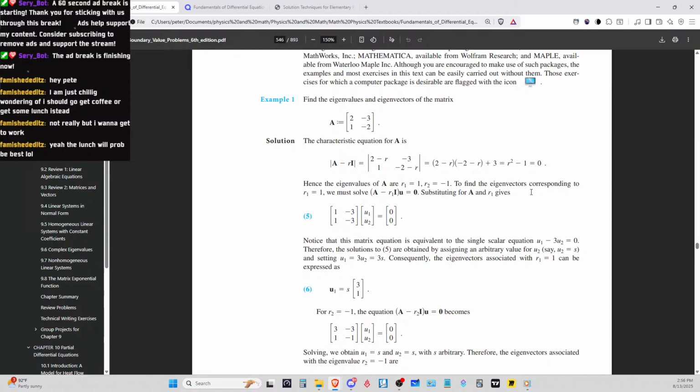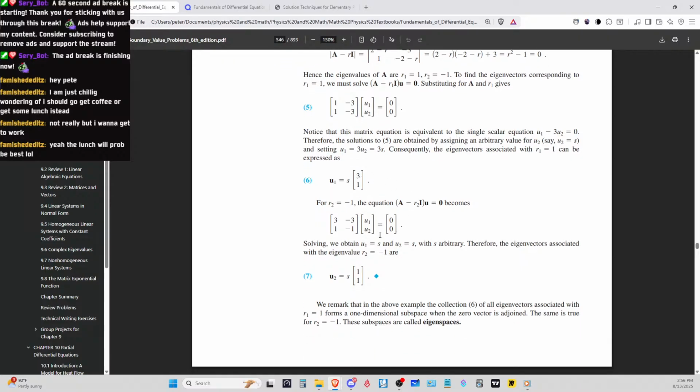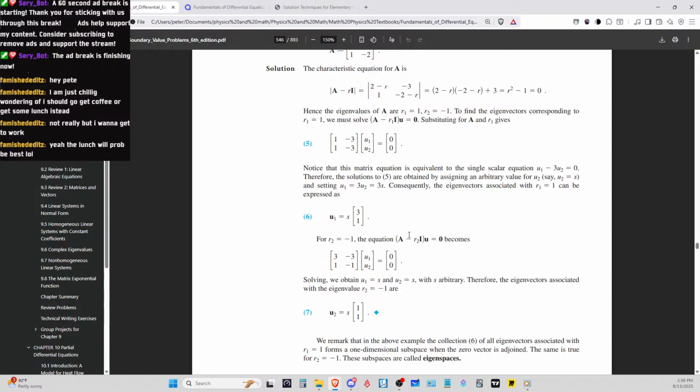To find the eigenvectors corresponding to r equals 1, substituting A and R1 gives, then we gotta do it for R2, which is negative.